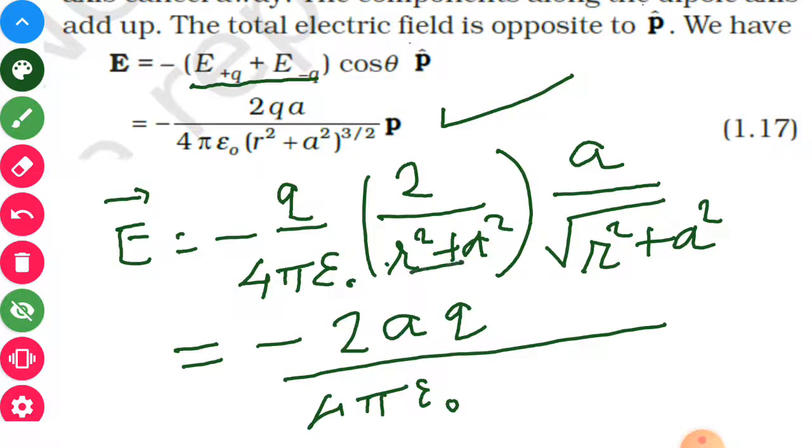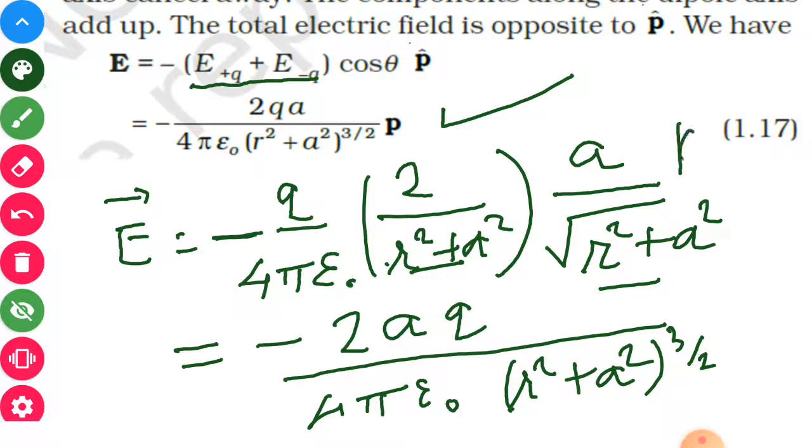This is 1 power and this is half power, so it becomes 3 by 2. So it becomes r square plus a square raised to 3 by 2, and you want to show the direction also, which is opposite to the dipole moment, and that is why minus p cap. So we are reaching this particular equation.